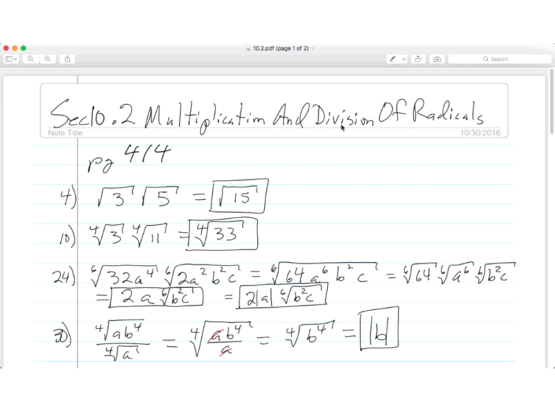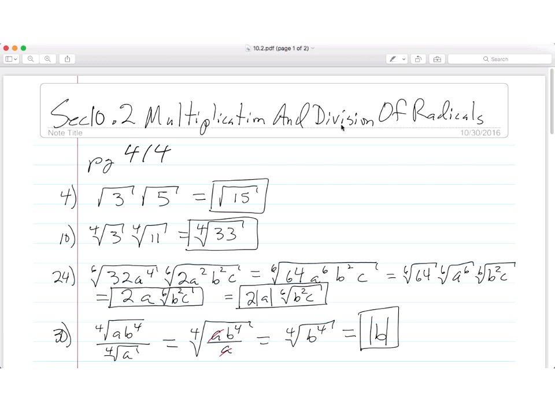You should remember one of the properties of exponents: if I have a base to a power times a different base but to the same power, then if I multiply these, I just multiply the bases together and raise them all to the same power.